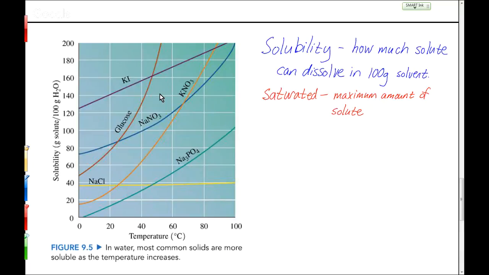And that's the point at which it's no longer saturated. So then you measure that temperature, and that tells us exactly where on that curve that amount goes. And once we put all the class data together, we should get a nice curve kind of like this one for potassium nitrate. All right, so that's how you measure solubility.